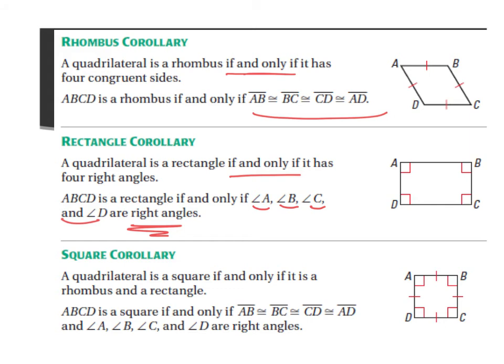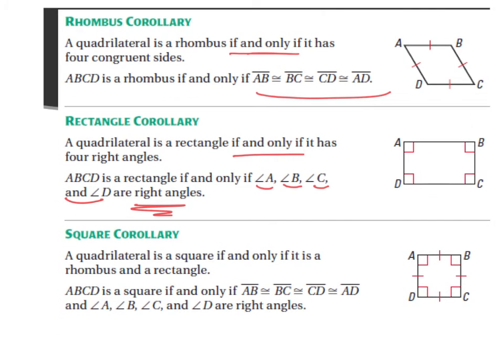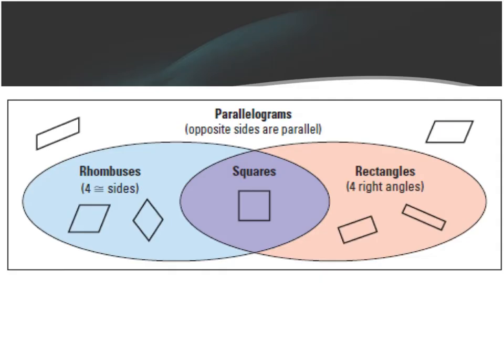And then the last one is actually a combination of both the rectangle and the rhombus. A quadrilateral is a square if and only if it is a rhombus and a rectangle, meaning it's going to have four congruent sides and four right angles. So it's a combination of the two above. That shows the relationship of everything.